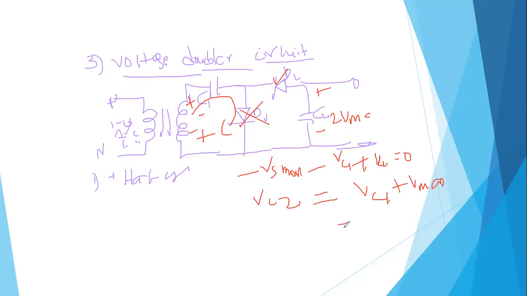Vc1 already charges up to Vmax, so Vmax plus Vmax. Then we get the value V2 equal to 2 into Vmax. Like this, we can get the output value.